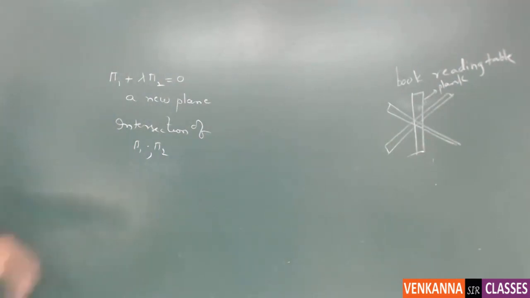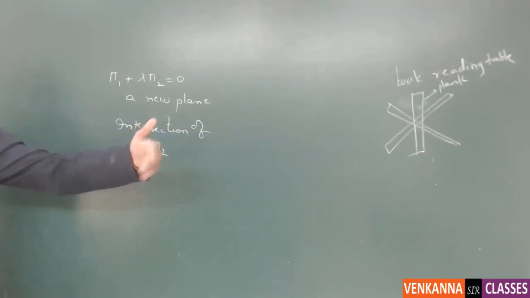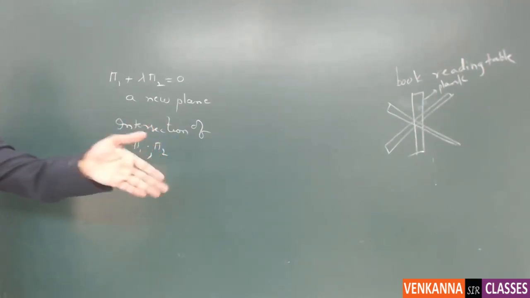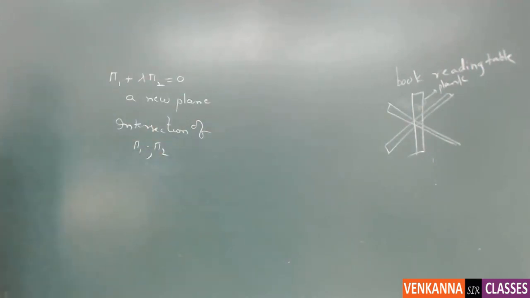It means if you take two cardboard papers, attach them with Fevistick, and put any plane at that intersection place, that's the new plane you are taking. The new plane may be parallel to one of the planes, perpendicular to them, or exactly bisecting the angle between the planes, etc. Anything you can take. So the new plane varies from condition to condition. Clear?